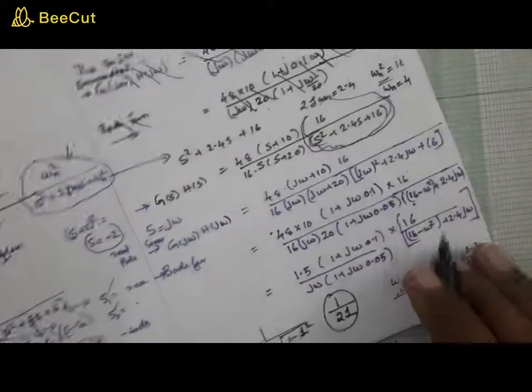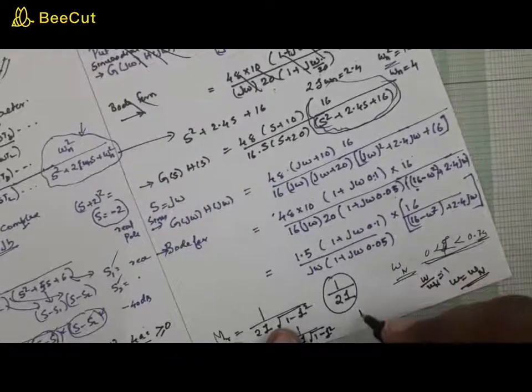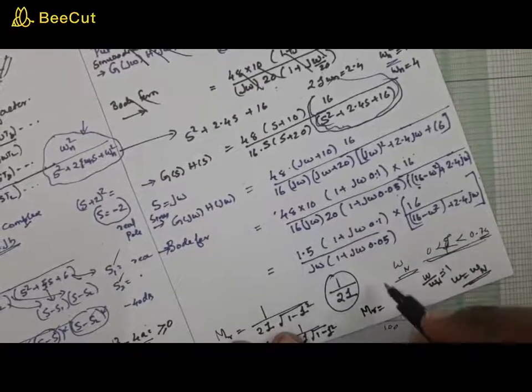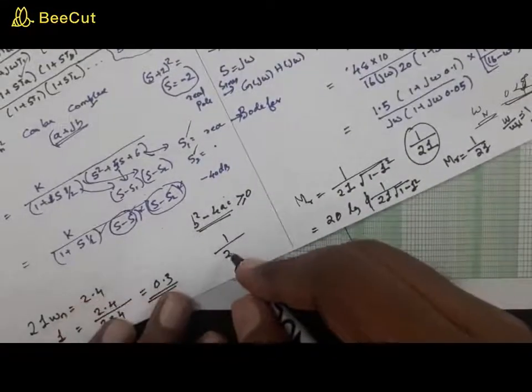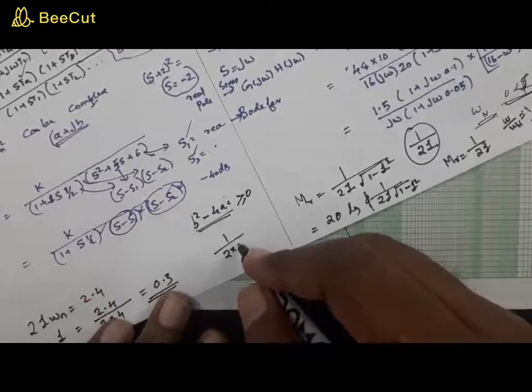Now what will be the correction? The correction will be 1 by 2 zeta, or 1 by 2 into 0.3.